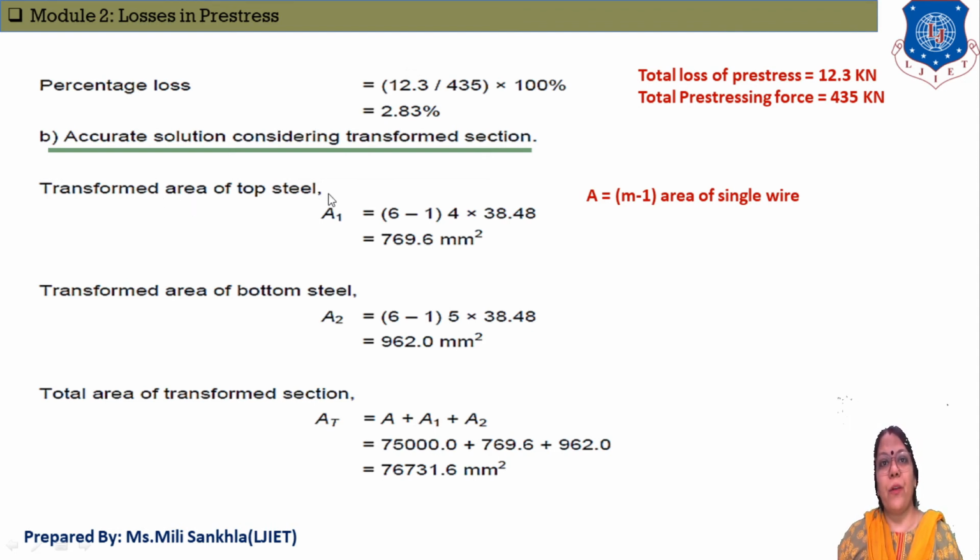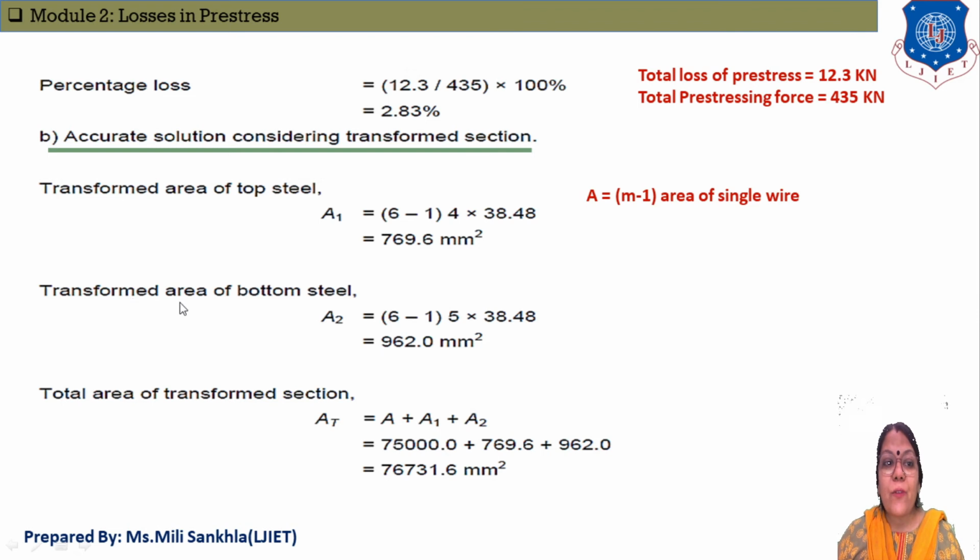First we transform the area at top, that is A1, 6 minus 1, into 4, number of wires given in top level, and area of one single wire 38.48. Answer is equal to 769.6 mm square.